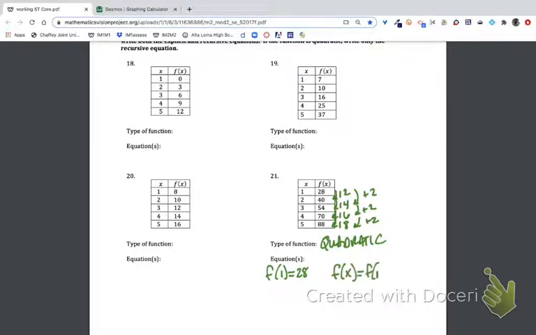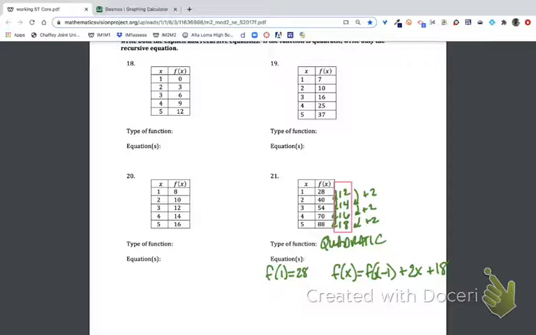the number right before it, the output right before it, plus our common second difference times x, plus 18. Why 18? Well, take a look at your differences here. 18, 16, 14, 12.